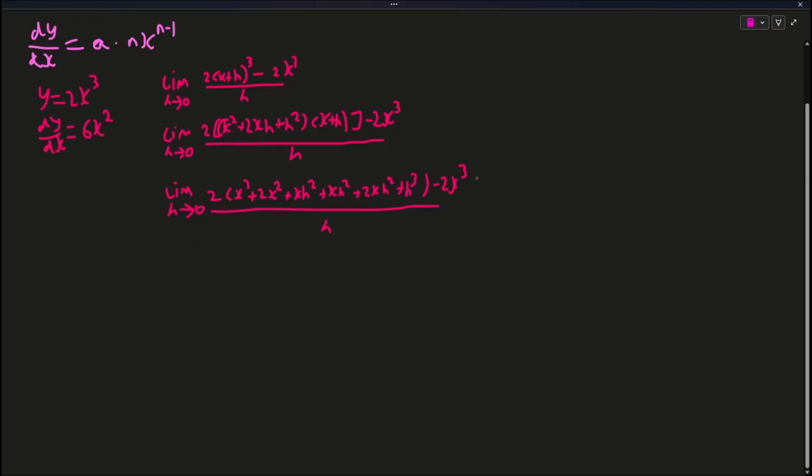So we're going to simplify this. So you got 2x cubed plus, so how many x squares do we have? Just one. So we got 2x squared, so that's 4x squared. Got xh squared plus xh squared, that's 2xh squared, times 2, so that's 4xh squared.